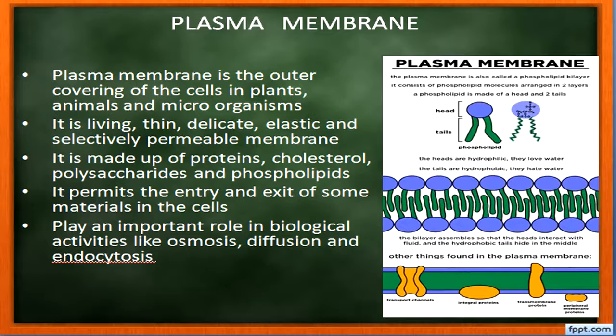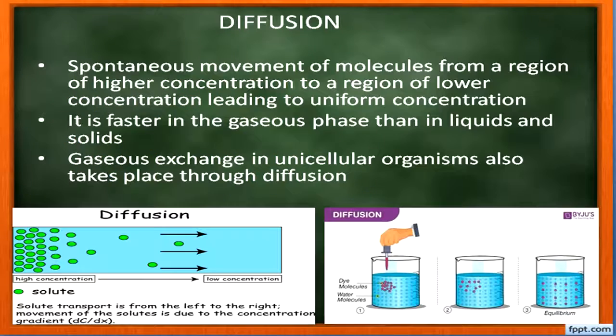This process we call endocytosis. Endo means inside, cytosis means cell. So inside the cell the food will be engulfed. So here also the plasma membrane plays an important role, isn't it? In the next slide we are going to see about osmosis and diffusion.